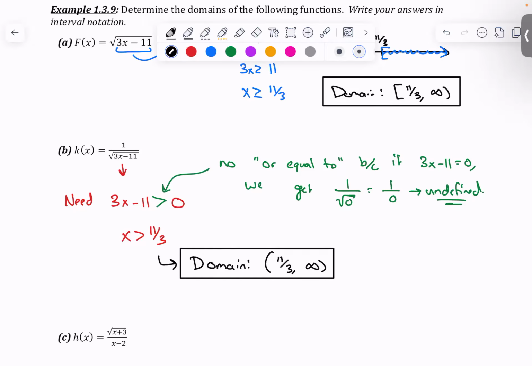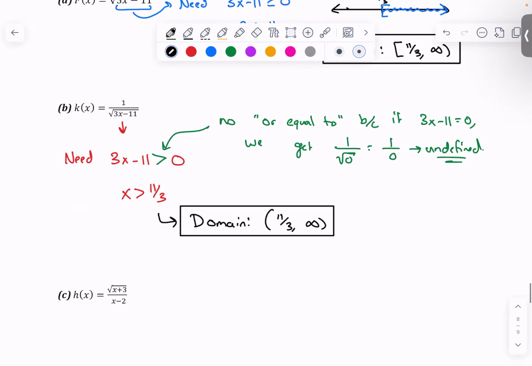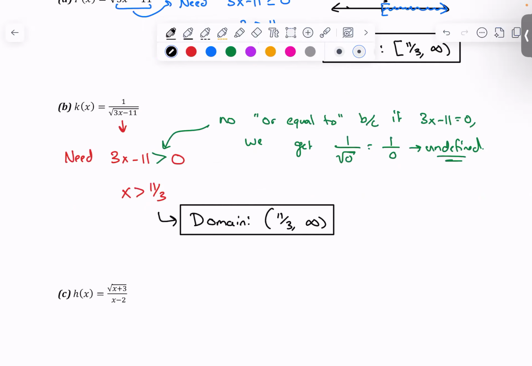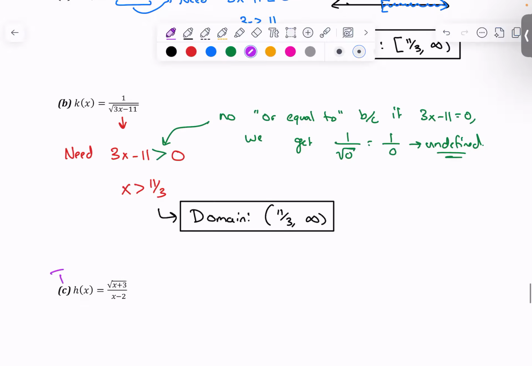All right. Next one, the last one. This one's a fun one, in my opinion. It's got two things involved. It's got a square root in the numerator and it's got a denominator involved. So I'm going to color code it and say that there are two conditions. Up top, we need x plus 3 greater than or equal to 0.